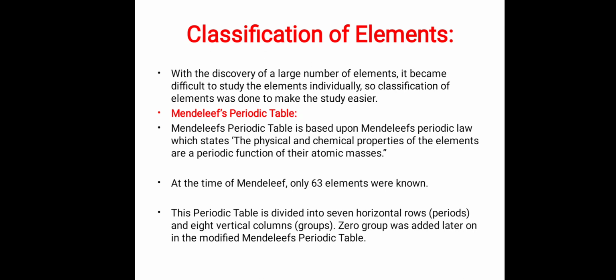At the time of Mendeleev, only 63 elements were known. This periodic table is divided into 7 horizontal rows called periods and 8 vertical columns called groups. Zero group was added later on in the modified Mendeleev periodic table.